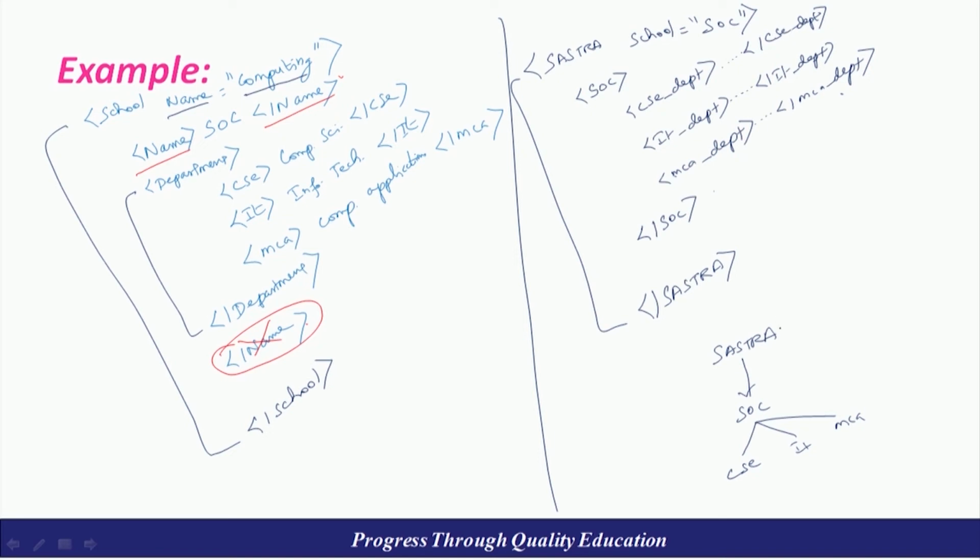So, how many root elements can we have? The sense is only one. How many child elements can the root element have? One or more.